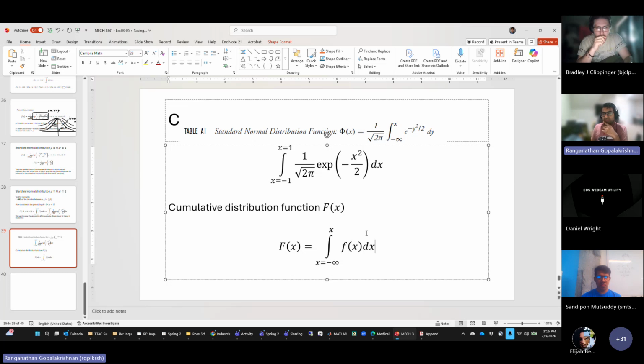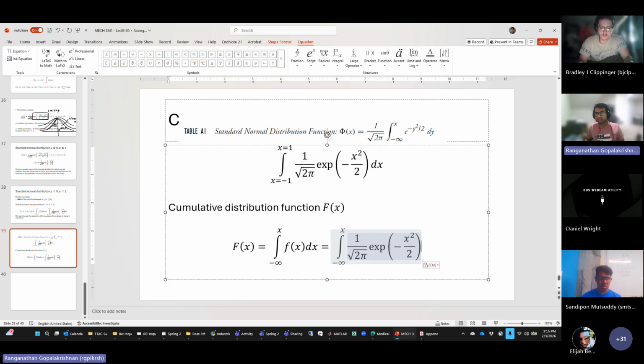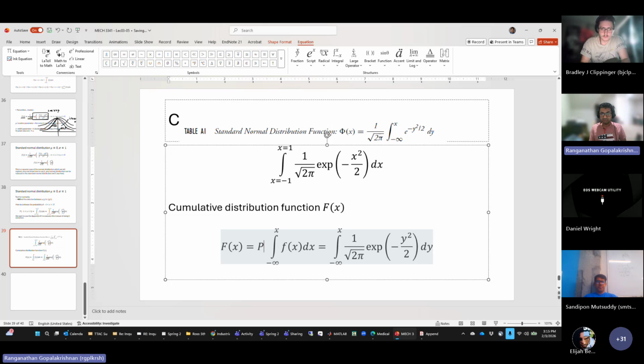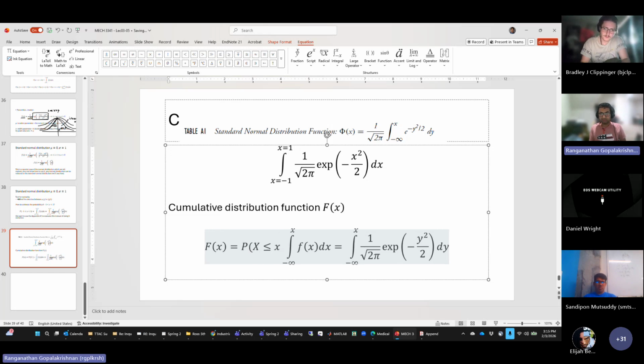It's nothing but the integral from minus infinity to x of this function, just that they have used a different variable inside. They use dy, and it's perfectly fine to use dy or dx because it's just a dummy variable. It's just a name. So I can write it this way. And what I will have is the probability that X takes values less than or equal to x.